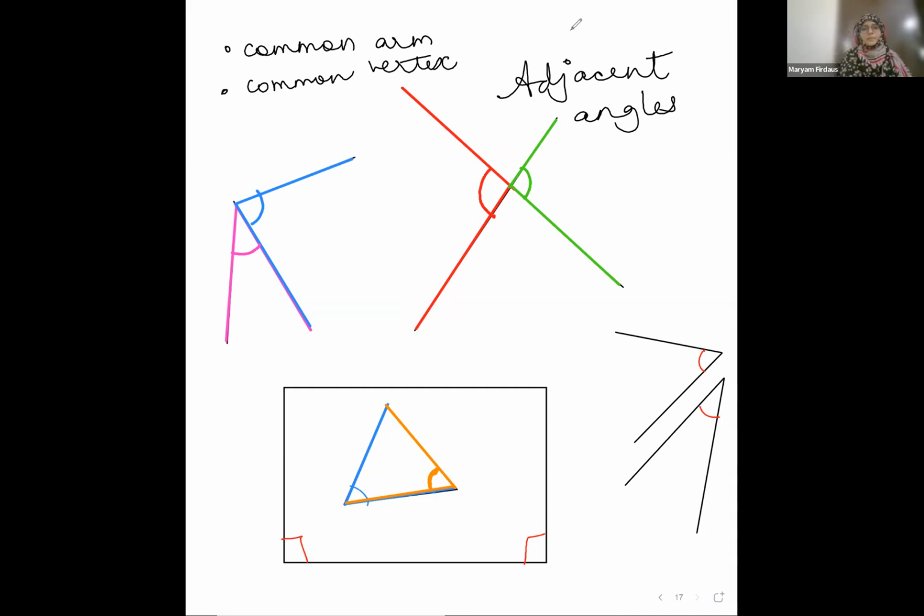Now, I have to give you one more example. I know the time is up, just give me two moments. So let's say you have this, okay, and this, and this.